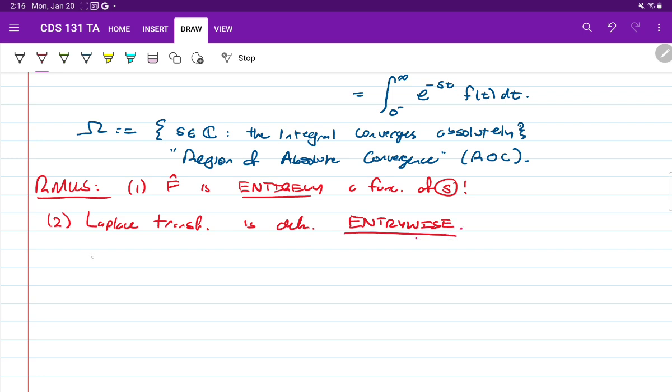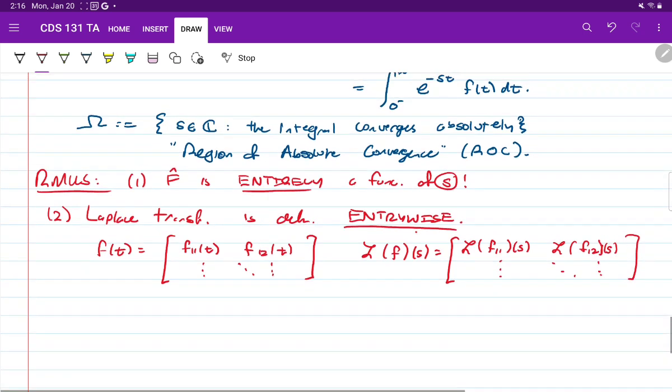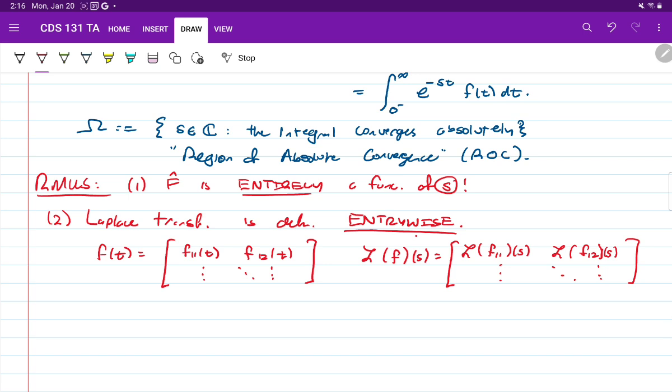If I give you a matrix-valued function, f of t equals f11 of t, f12 of t, f22 of t, and so on, then I take L of f and evaluate it at s. This is the same thing as just doing L of f11 of s, L of f12 of s, and so on. So Laplace transforms are evaluated entry-wise.